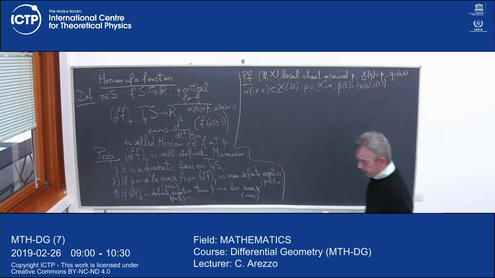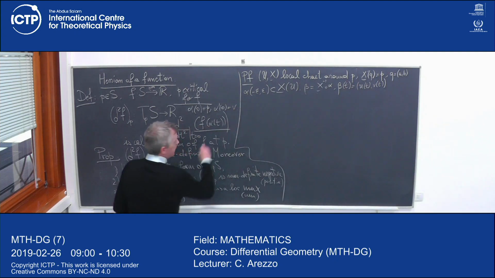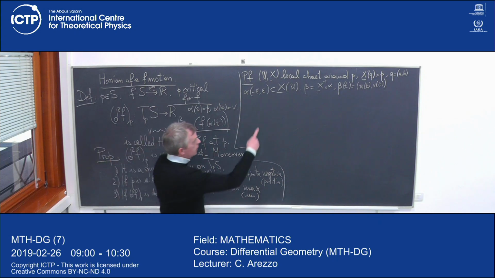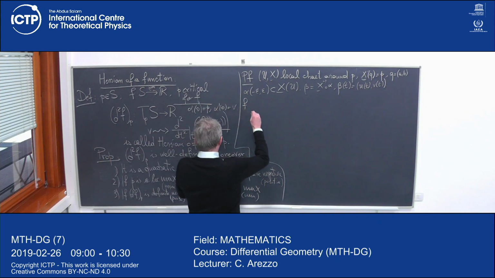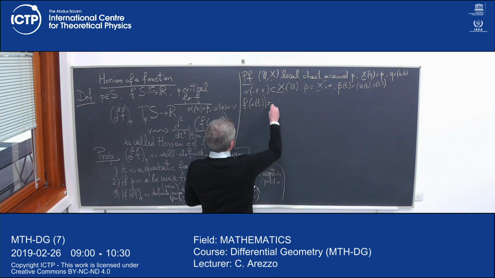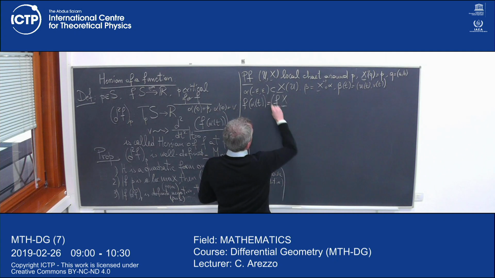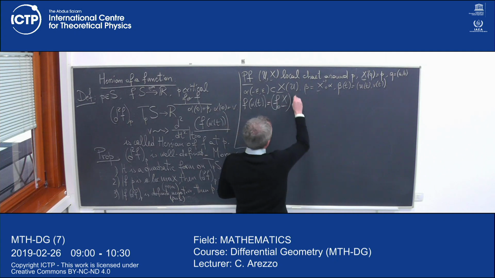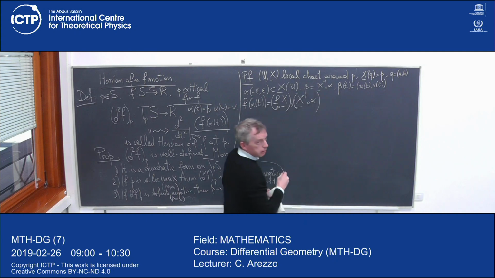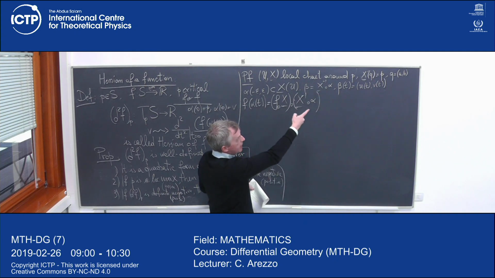Okay, so how do I write f of alpha, because this is my object here. Now with all these notations, f of alpha of t, I write it, of course, as f composed x, remember the stupid trick, composed x inverse composed alpha. And now x inverse composed alpha is beta.